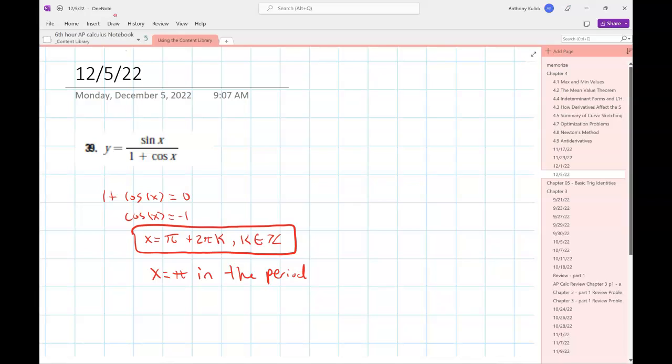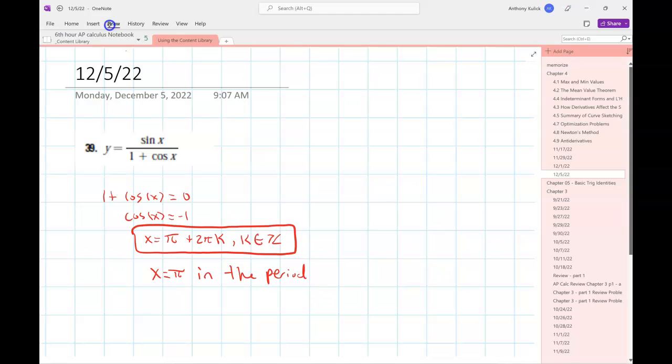But if I'm graphing a periodic function, am I graphing it infinitely? Well, no, I'm just going to graph one period of it. So when I'm actually graphing the thing, I would just graph one period, where I really only care about the one asymptote at pi. Is that okay? Yep, I get what you're saying.